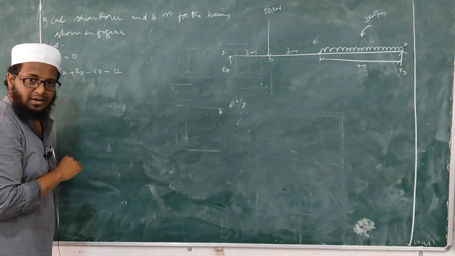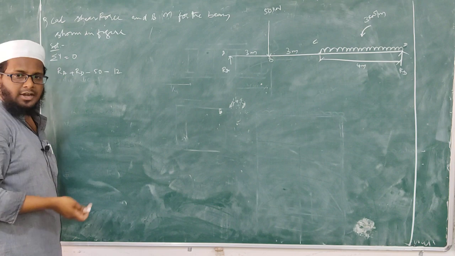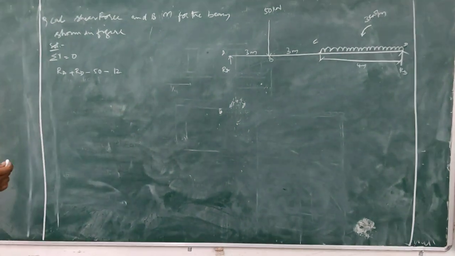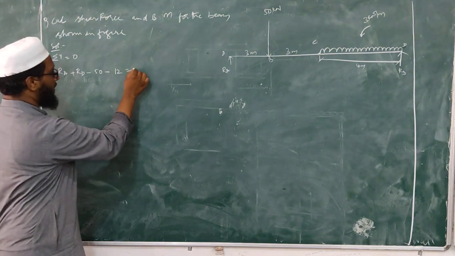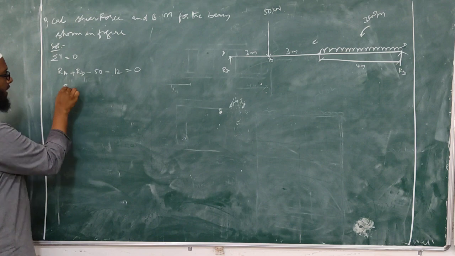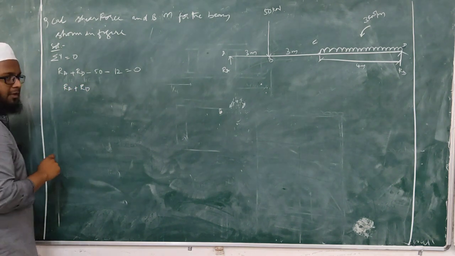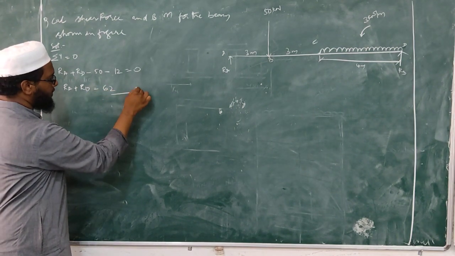How did we get 12? Because it is 3 kilonewton per meter, so 3 into 4 is 12. Any other vertical forces? No. So RA plus RD minus 50 minus 12 is equal to 0, so RA plus RD is equal to 62.